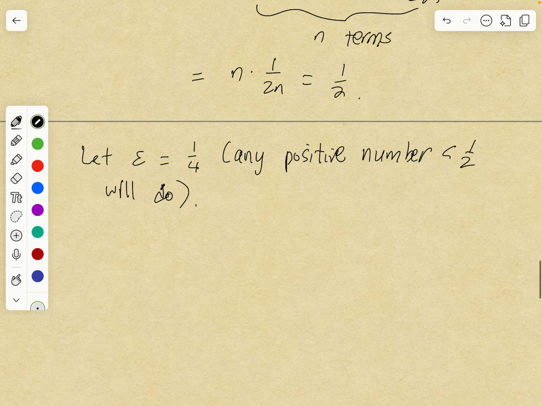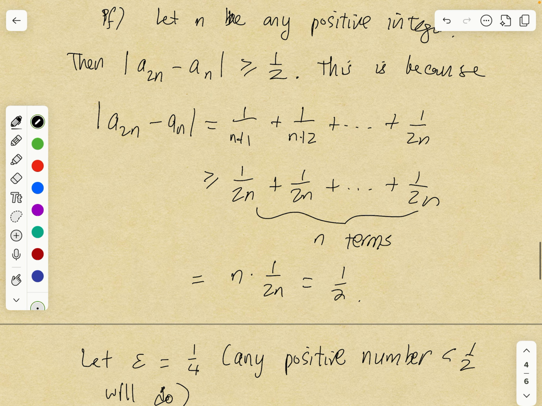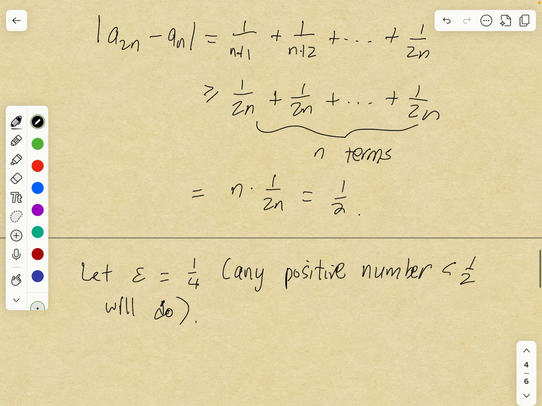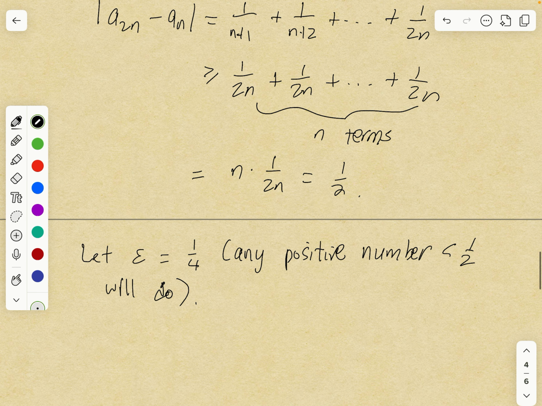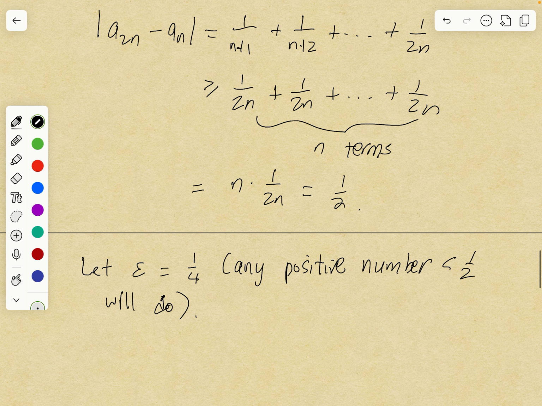Okay, so we picked this epsilon, and now we claim that for every positive integer N, you can find integers greater than N that have the property that the distance is greater than or equal to epsilon, because we just take a sub 2n and a sub n.